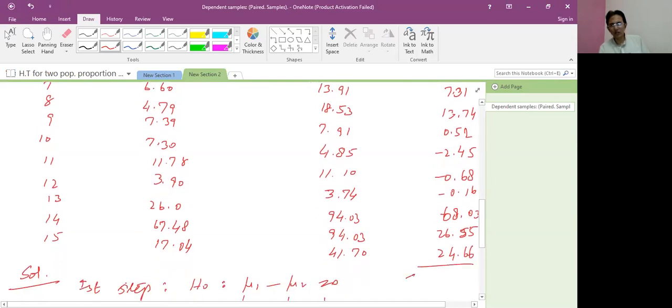If we add all of them, students, summation di is 147.72.